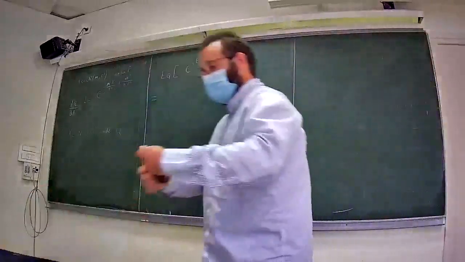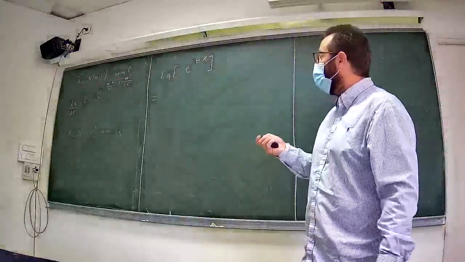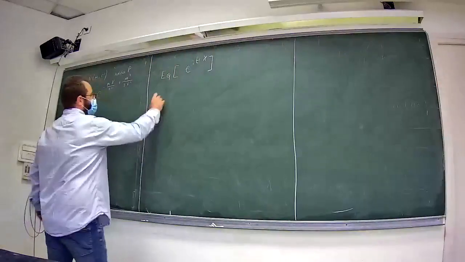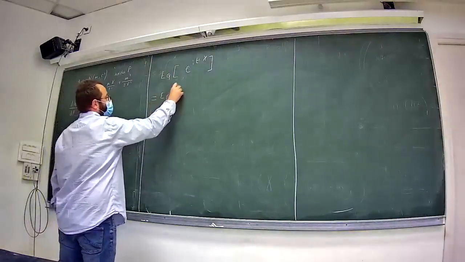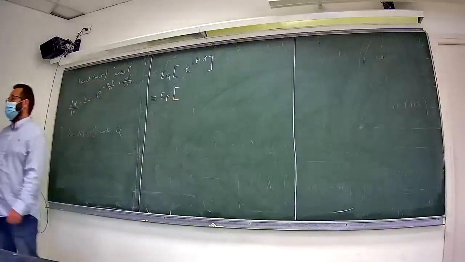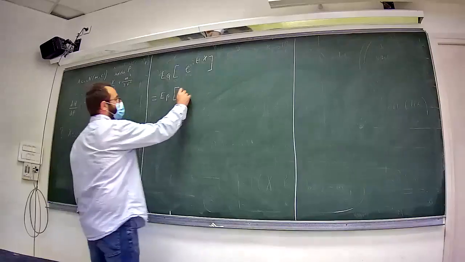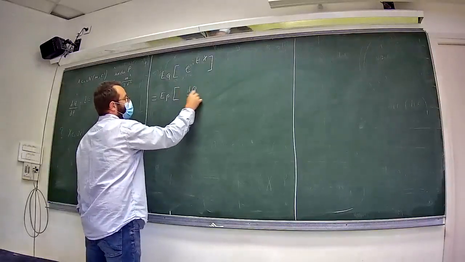Because I have a hypothesis here. X follows this one under P. So it's what I want to use. So I pass from an expectation under Q to an expectation under P, multiplying by dQ over dP.